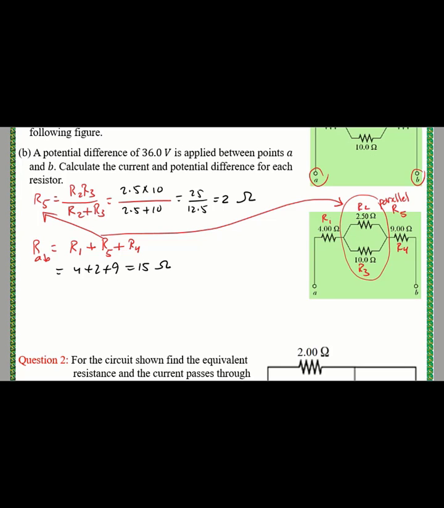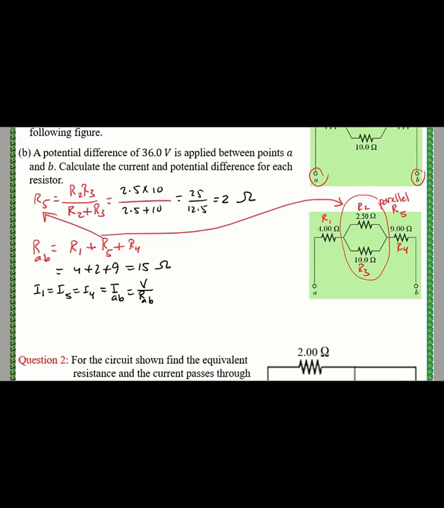Calculate the current and potential difference for each resistance. Now the current through R1 is the same as through R5, the same as through R4, which is the same as between A and B, which is V over RAB.